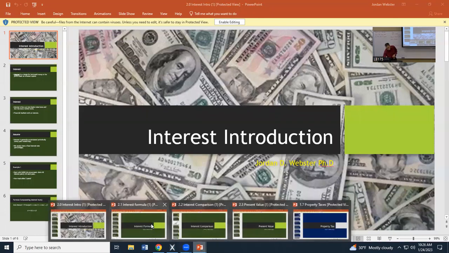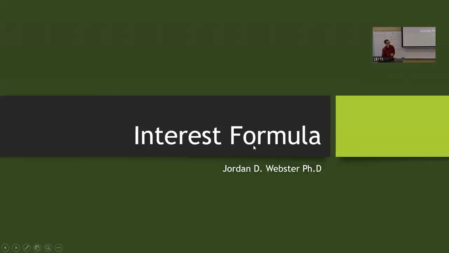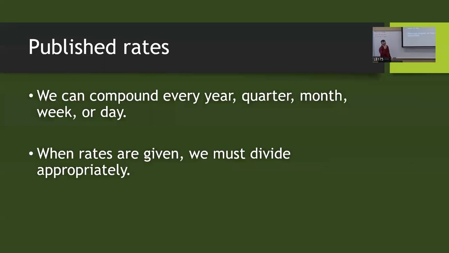Now, we're not always going to deal with yearly calculations, though. All right. And this is going to bring us to the general interest formula. So that one you saw on the previous slides just applied to the yearly interest when it was compounded yearly. But now we're going to go to the general interest formula. Since we can compound every year or every quarter or every month or every week or every day, we have to account for that.